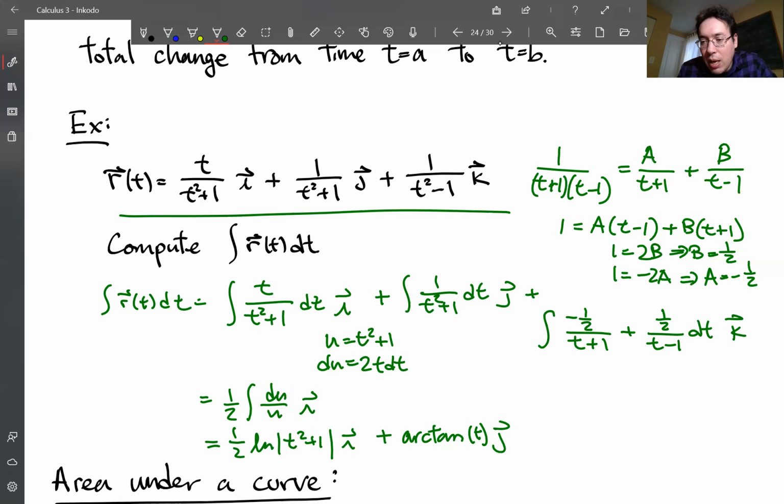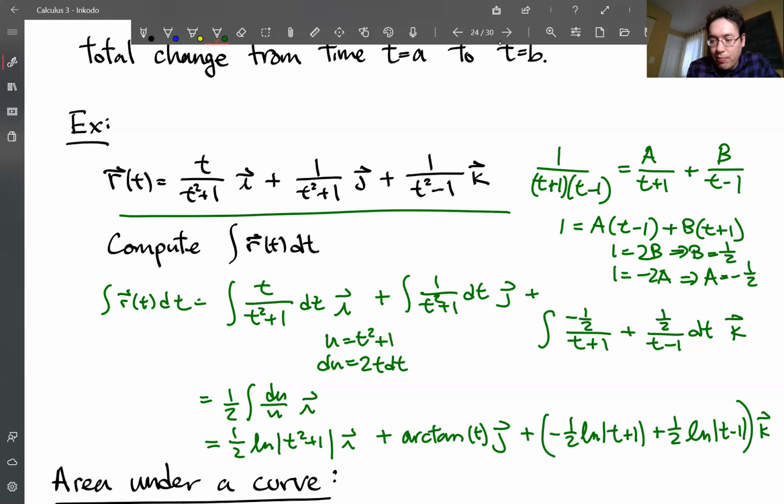And then this is a straightforward u substitution now. You could say u is equal to t plus 1 or u is equal to t minus 1 separately. And then we can get the antiderivative. So this is going to be negative 1/2 natural log of t plus 1 and positive 1/2 times natural log of t minus 1 plus some constant vector, I'm just going to call v.